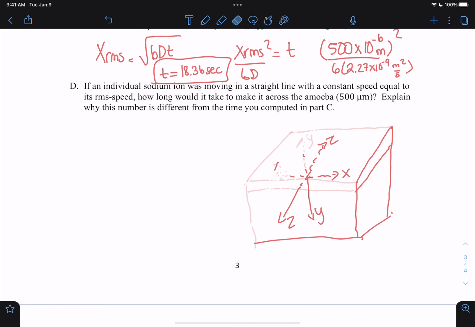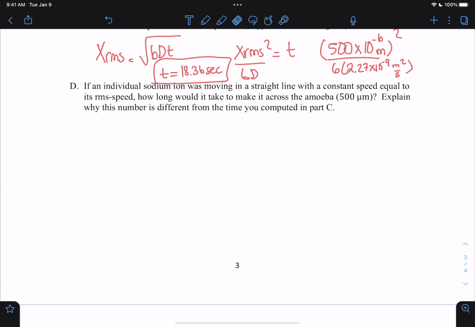Let me erase this real quick. Now, for D: if an individual sodium ion was moving in a straight line with a constant speed equal to its RMS speed, how long would it take to make it across the amoeba, 500 micrometers?